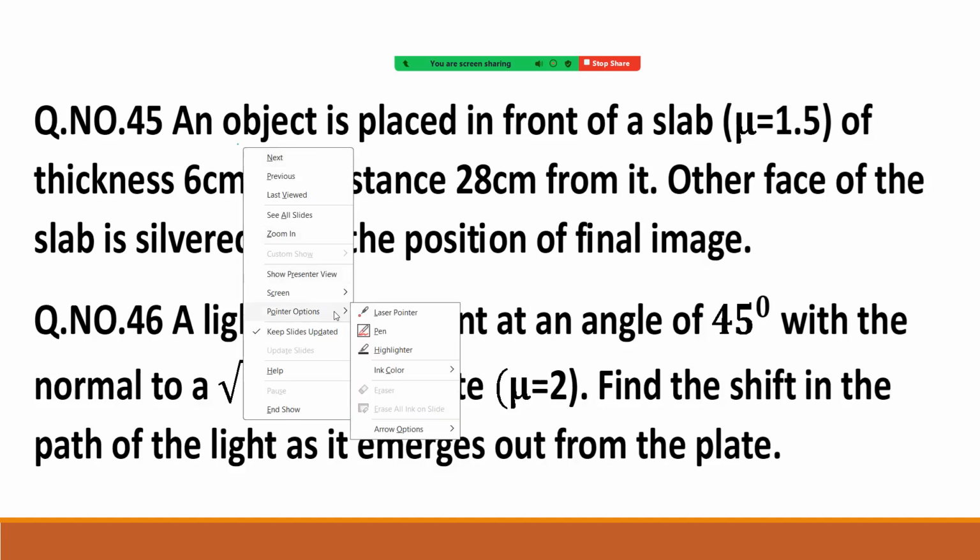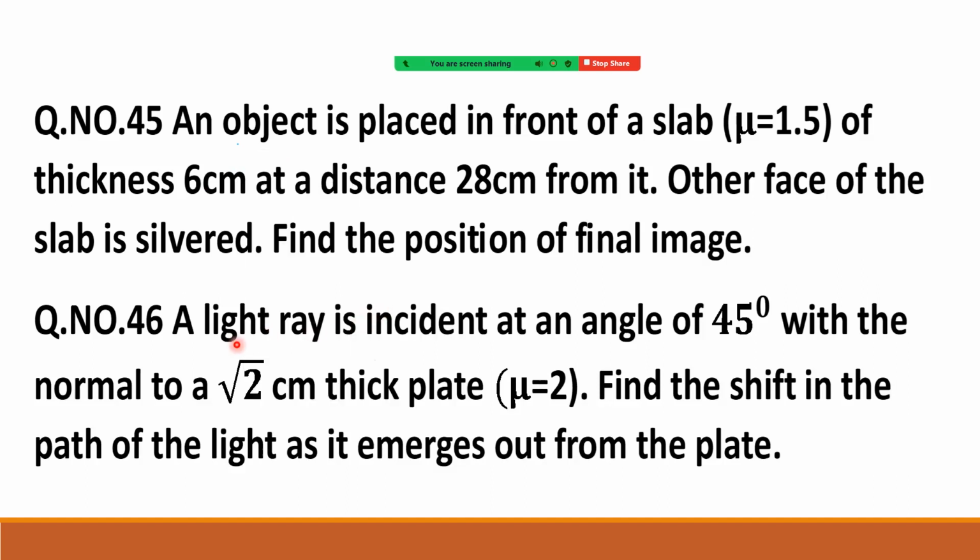Let's see the question. A light ray is incident at an angle of 45 degrees with the normal to a root 2 centimeter thick plate, given mu value, to find the shift in the path of the light as it emerges out of the plate.